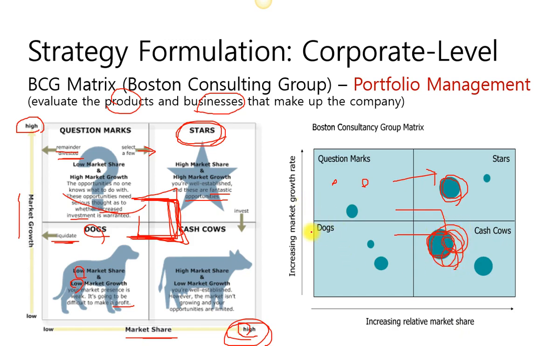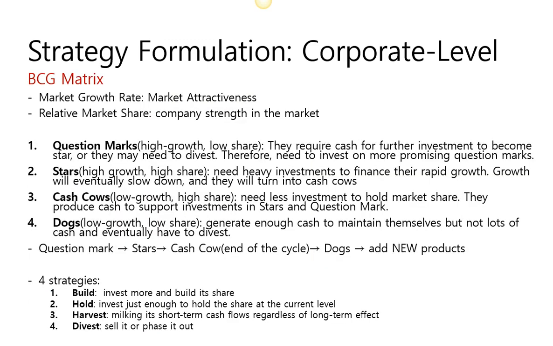However, it's growing less, and then later it can become a dog and you have to liquidate. See? Question mark, then star, cash cow. When it goes to a cash cow, it's the end of the cycle, right? And they become a dog. You have to liquidate. You have to exit. Then you add a new product or business.